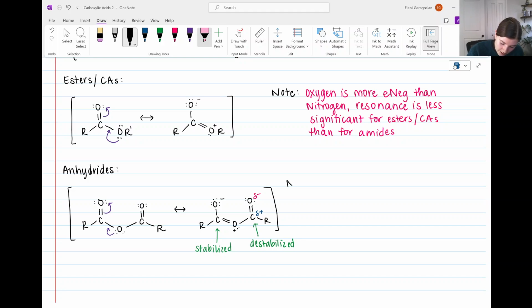So if we add a note here, we can say repulsion of the O positive, the positively charged oxygen, and the carbon that has a partial positive charge. So we have two like charges that are on adjacent atoms.